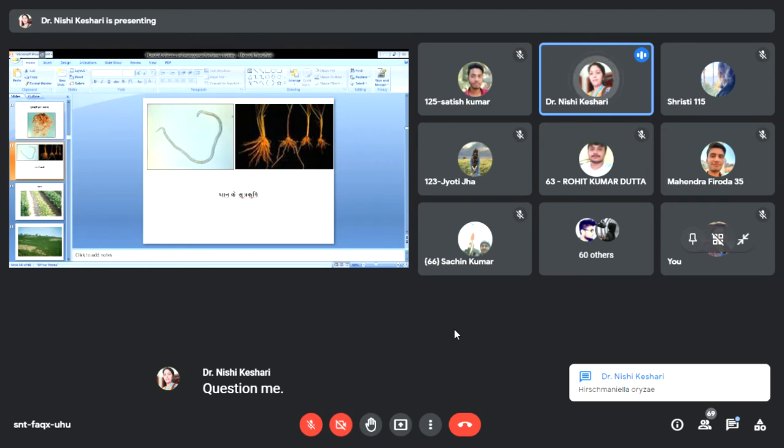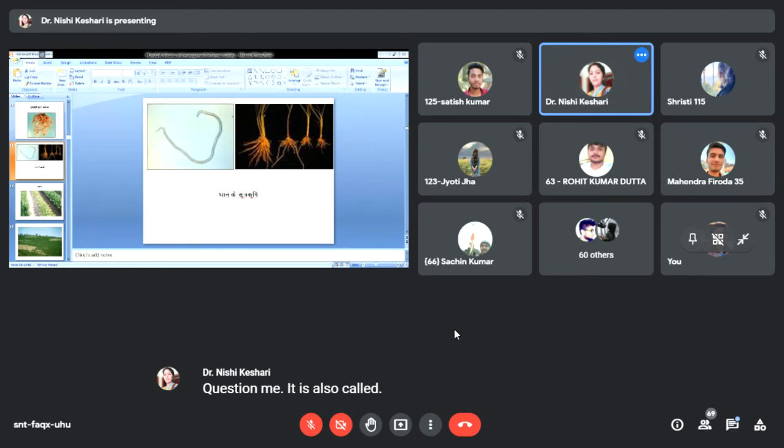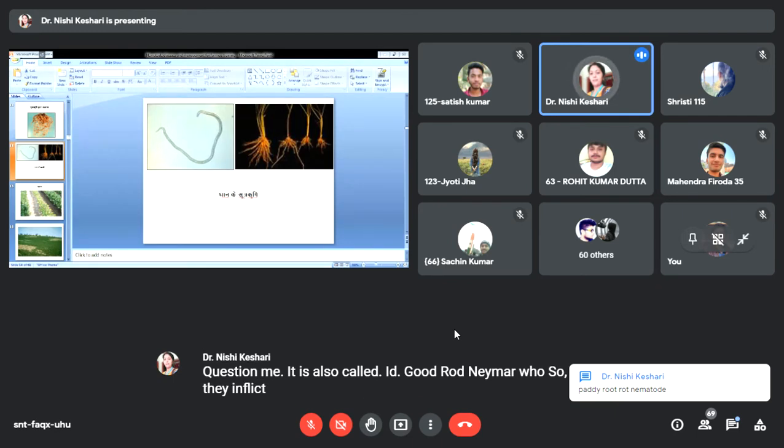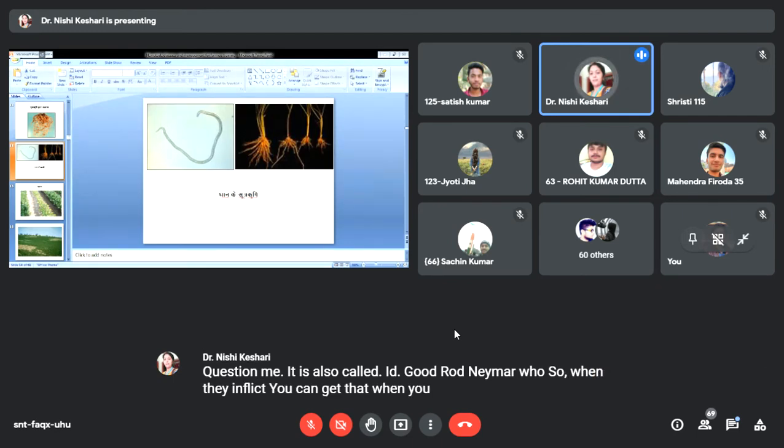It is also called paddy root rot nematode. So when they infect, you can get that. When you see this type of nematode, you can get it in the paddy field.